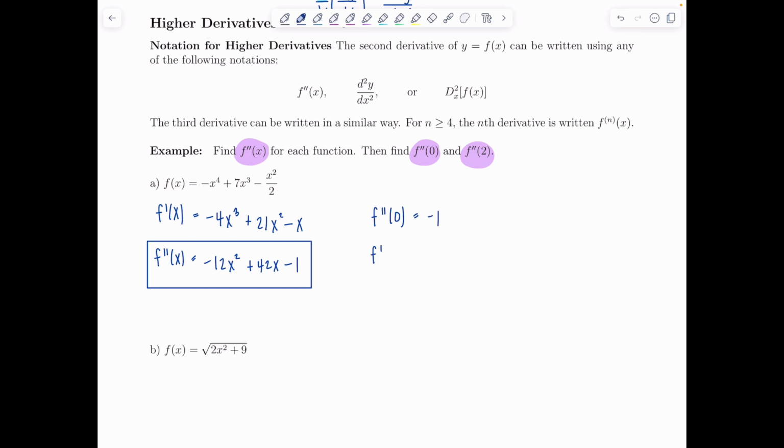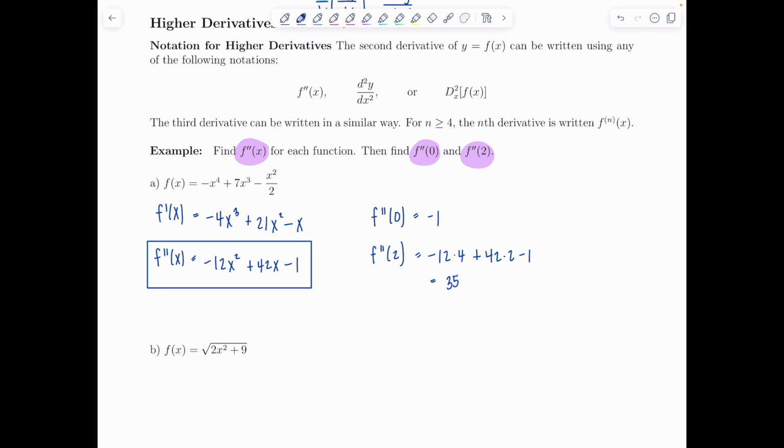And then f double prime of 2, let's see, negative 12 times 2 squared, that's 4, plus 42 times 2 minus 1, that's negative 48 plus 84 minus 1, 35.